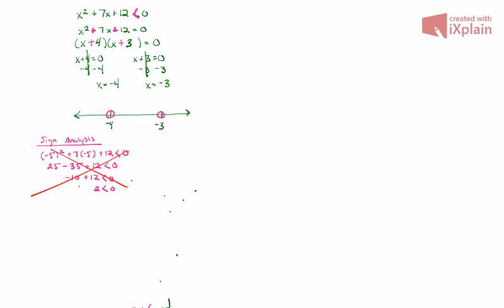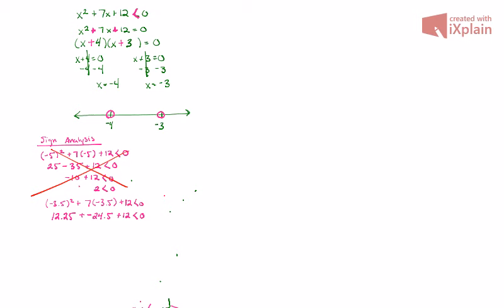So then, let's try values between negative 4 and negative 3. And odds are the best one to work with would be negative 3.5, because that is a value that's in the dead center. Okay. So if we square negative 3.5, we would get 12 and 25 hundredths plus 7 times negative 3.5, which would give us negative 24 and 5 tenths plus 12 is less than 0.